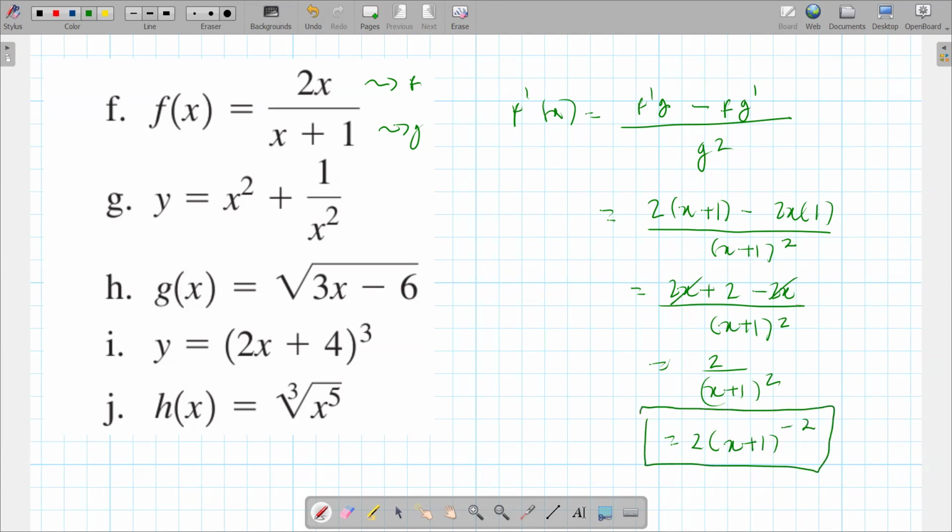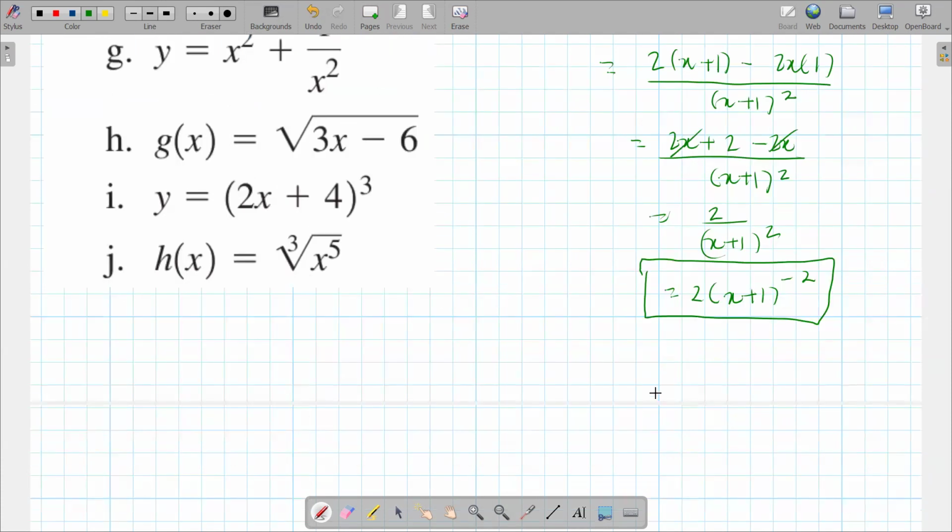So this is f prime of x. You can throw the exponent upstairs, make it negative, and the number in front is a 2. So this is neither a product rule nor a quotient rule problem. Oh yeah, chain rule is also 1. So this is just a straightforward derivative. What will be the derivative of this function?